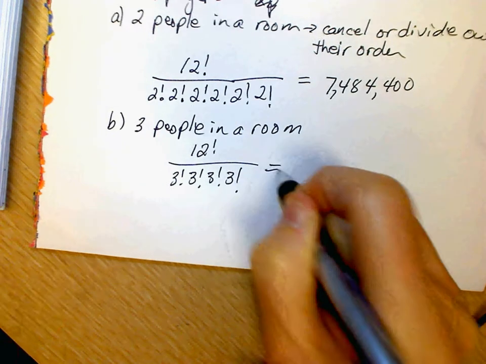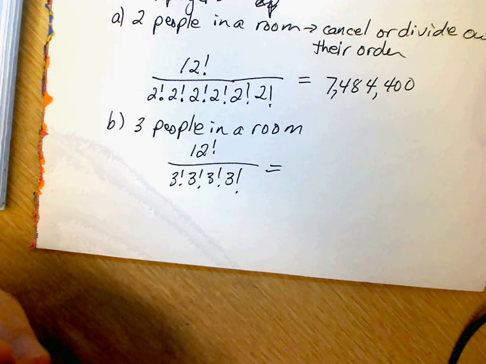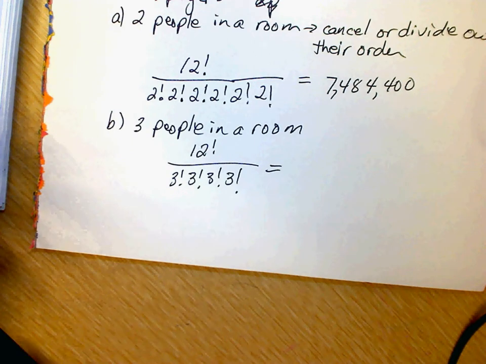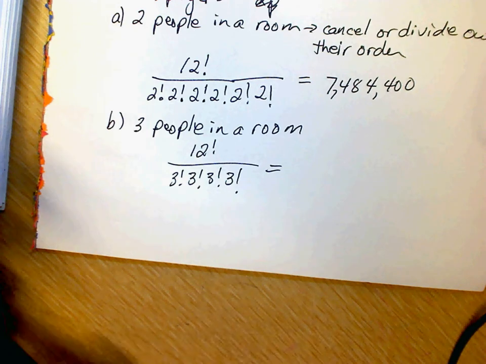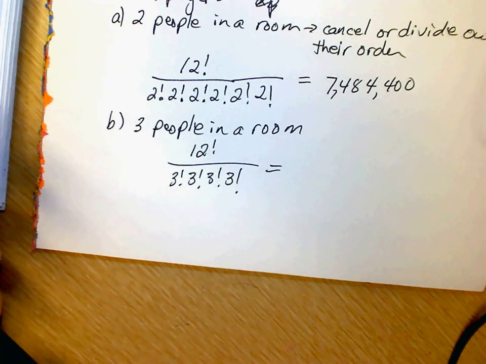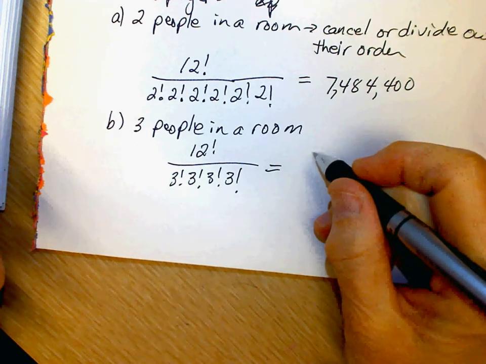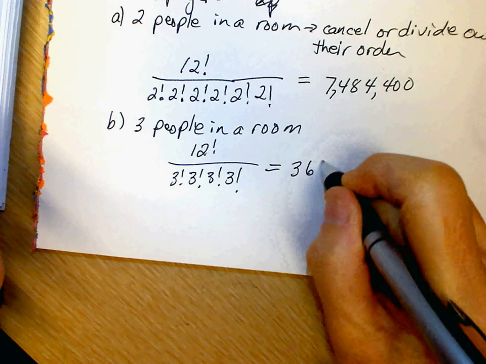So if I were to work that out, I would get 12 factorial divided by 3 factorial 4 times. I get 369,600.